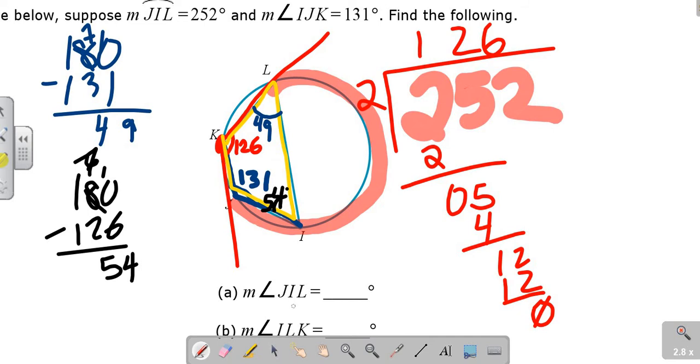So JIL, we just got as 54. ILK, we just got as 49.